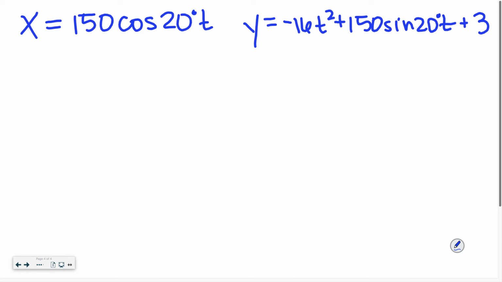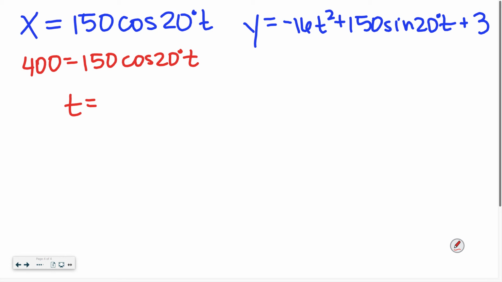So what I'd like you to do, go ahead and figure out for me the time it would take that ball to reach 400 feet. How long does it take?